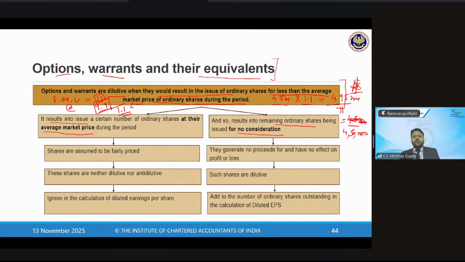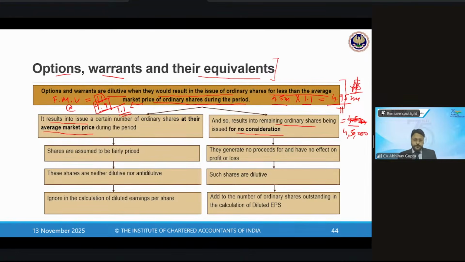So what we have done until now is calculate the total amount of discount divided by the fair market value. It gives me the number of shares which are getting issued to the option holder for free.